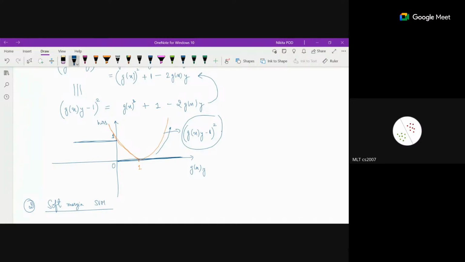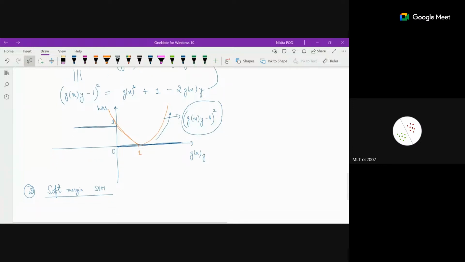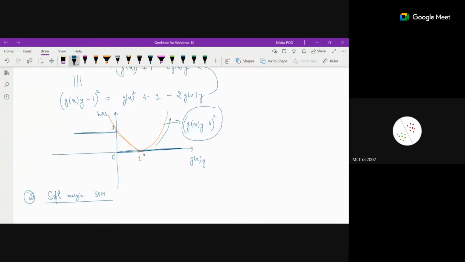because anything beyond 1 should have given the value 0, but it is going to increase exponentially. It is squaring the loss. It's increasing beyond 1, so it is not a good way to approximate this loss, because anything beyond this will make a very large error, which is not what we want.